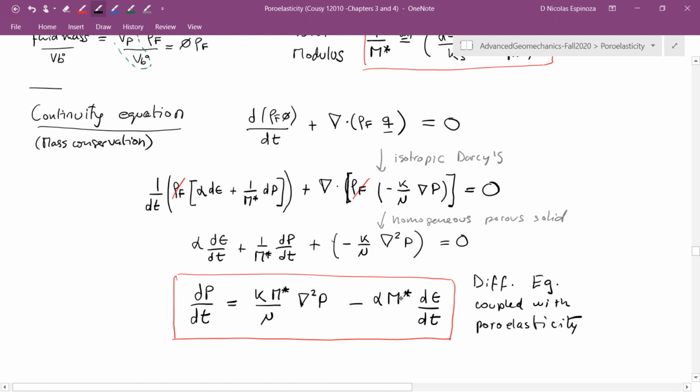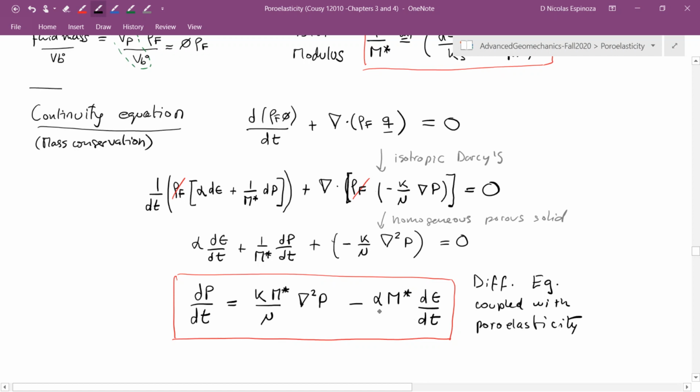So now this term is telling me, for example, that I could have gradients of pressure which are equal to zero, and still I could have changes of pressure as a function of time which are not zero. And for example, here, if I had a compression as a function of time, which is making the pore space smaller, and I do not let the fluid go anywhere, then this equation is telling me directly what the change of pressure is going to be as a function of time, because of the change of volumetric strain and not letting the fluid go anywhere.